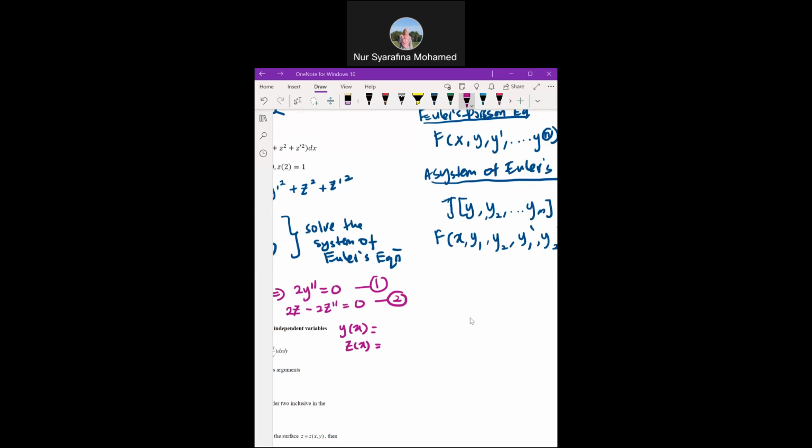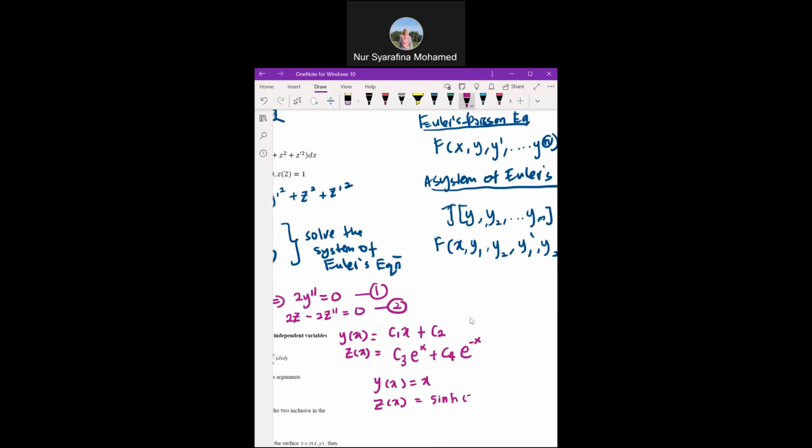I hope you can try this and obtain y(x) equals c1x plus c2 and z(x) equals c3 e to the power of x plus c4 e to the power of minus x. Try to find the values of c1, c2, c3 and c4 by using the boundary conditions given, and your y(x) should equal x and your z(x) should equal sine x minus 1 over.